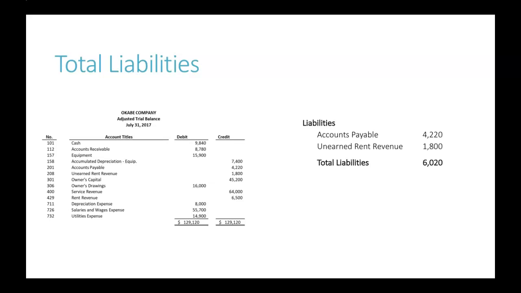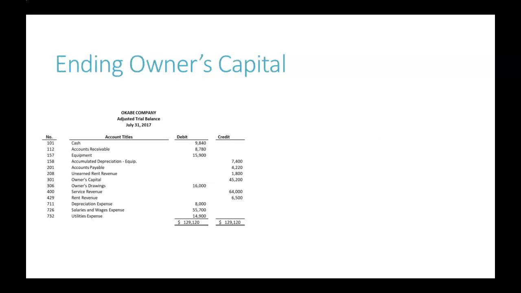So once we find our total liabilities, we can then figure out our ending owner's capital. So, a few different ways that we can go about this here. Let's make something that resembles an owner's equity statement, right? Where we start off with our beginning owner's capital. That's the $45,200 given to you on your adjusted trial balance.